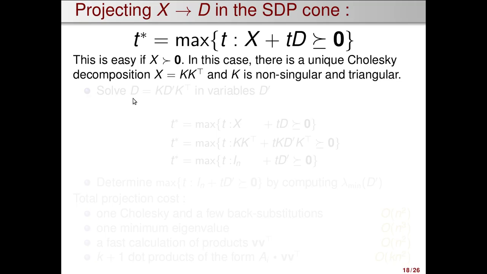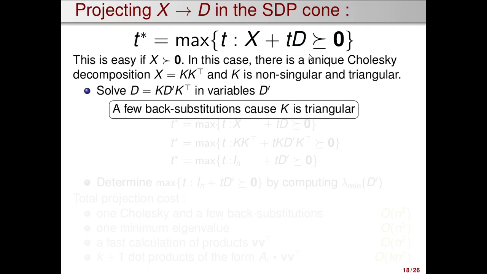The problem is surprisingly easy if X is strictly SDP. In this case, I have a unique Cholesky decomposition where K is non-singular and triangular. Looking over this formula, if I replace X by K K transposed, I wonder if I can apply a similar idea on D. Let me try to solve this system in variables D prime, and I can always solve it using a few back substitutions because K is triangular and non-singular.